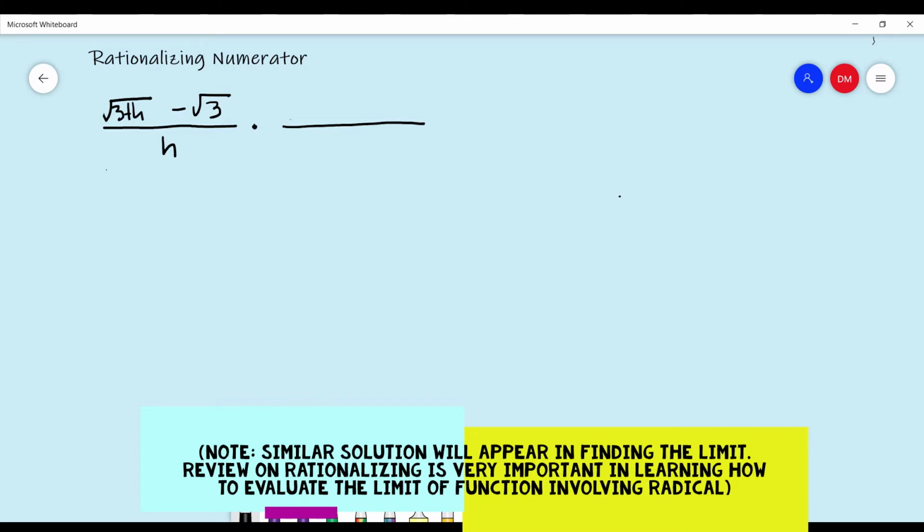So given the example, square root of 3 plus h minus square root of 3 all over h, we have to find the conjugate, which is square root of 3 plus h plus square root of 3. Now you will see here we have a negative sign. We will make that positive, and we will write that also in the denominator. So that is our first step.